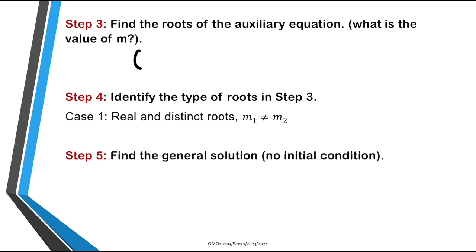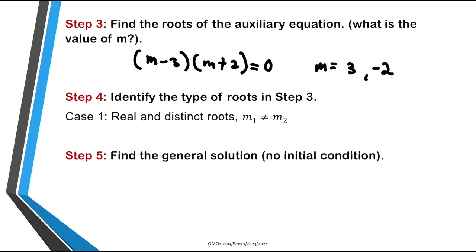So we have (m minus 3)(m plus 2) equal to 0. So we have m equal to 3 and minus 2. So we have two values for m. m1 is 3, m2 is minus 2.